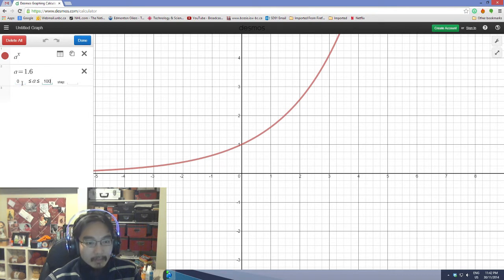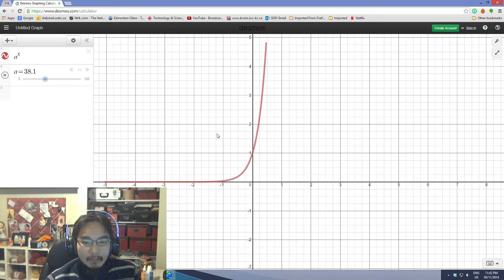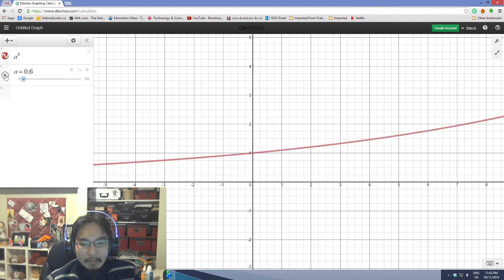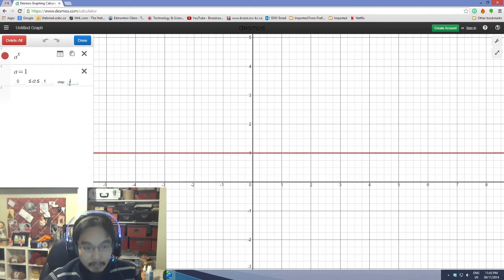So if I let this play, notice that no matter what my a value is, the function never leaves that point. At least the basic exponential function never leaves there. We can obviously move that point around as we see fit when we start transforming it, but we won't be doing that today. Let's change this to 1 in increments of 5.